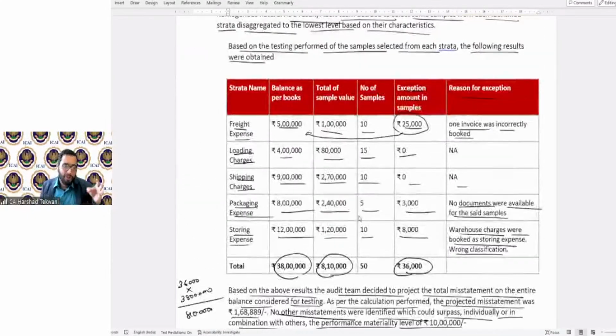So this gave you clarification and understanding how you need to project a misstatement and how you need to consider it, whether it's material or not.